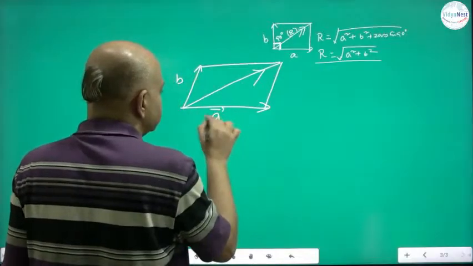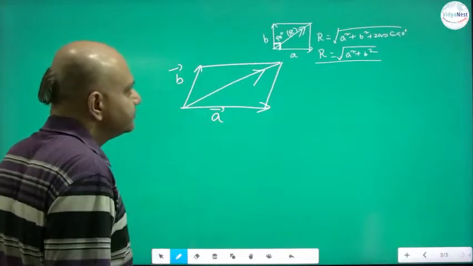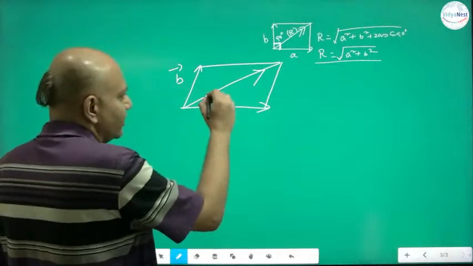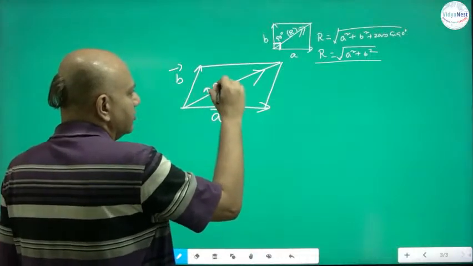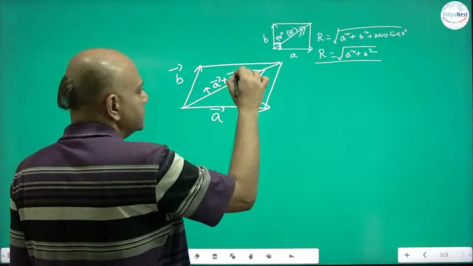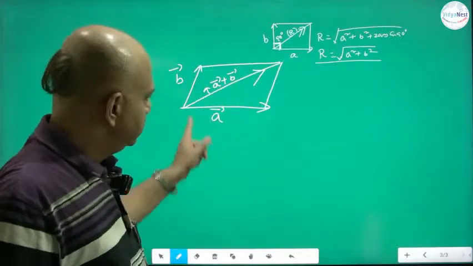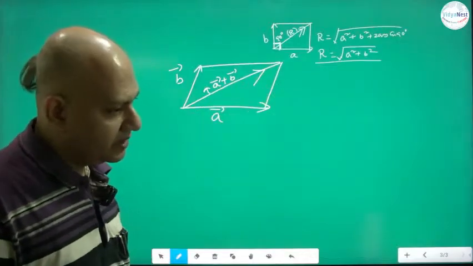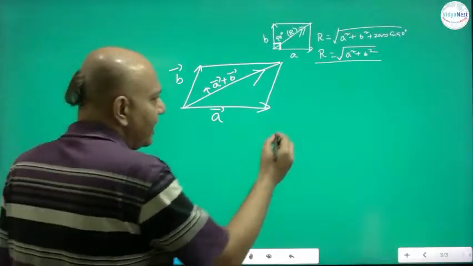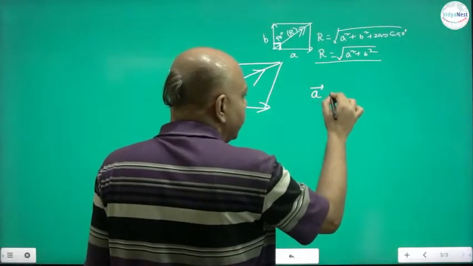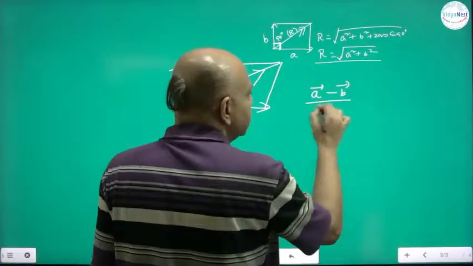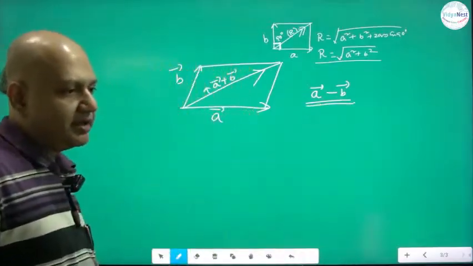So this one is what? Vector a plus b, diagonally.